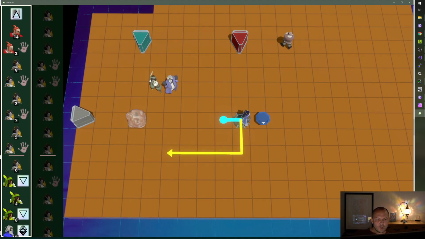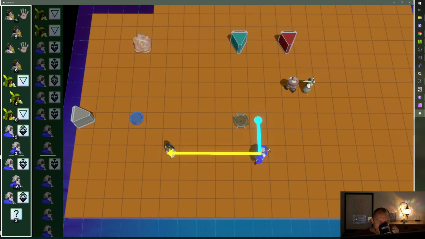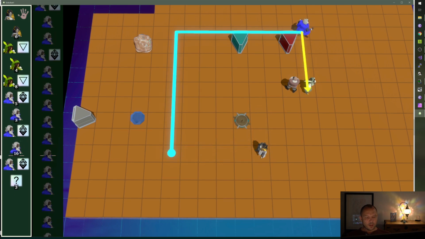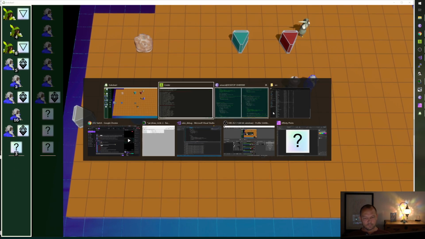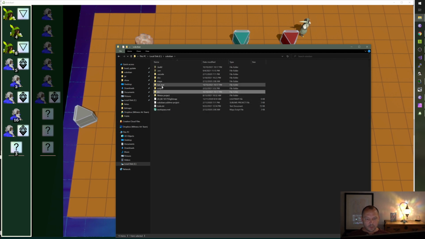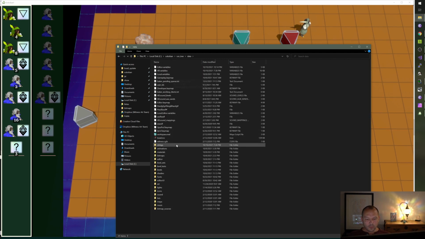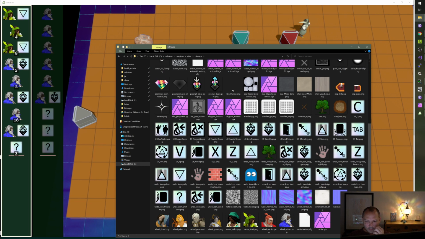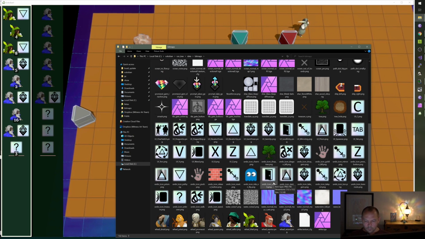There's still a couple tweaks I need to do. Let's do one of them right now. The fact that this teleport is not the right thing. Well, this says undo icon teleport.